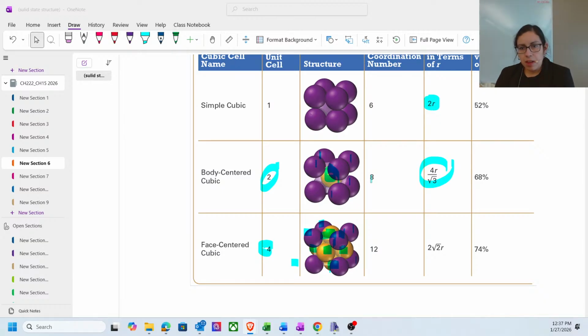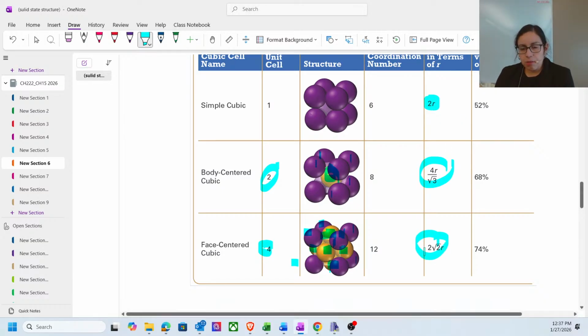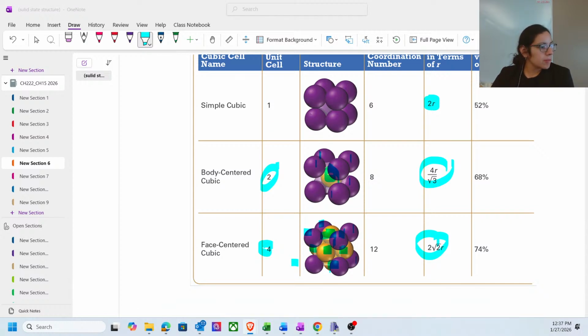And then again, our edge length is 2 times the square root of 2 times R. You can appreciate the higher packing efficiency. I don't think this is it. Sorry. Let's try aluminum. Trying to find a face-centered one.